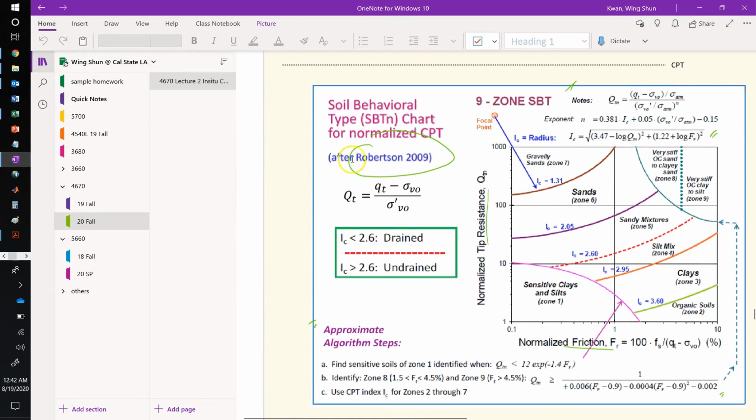Remember, if you want to use this Robertson chart, this is from Robertson 2009, and I have uploaded a paper on Canvas. With the normalized tip resistance and the normalized friction, after we find those values, we can use this chart to classify our soils, either sand or clay. If it's sand, then we want to find the friction angle. If it's clay, then we want to find the undrained shear strength.